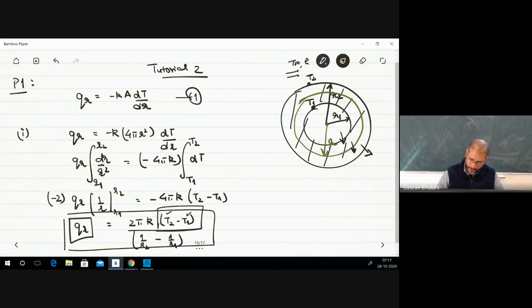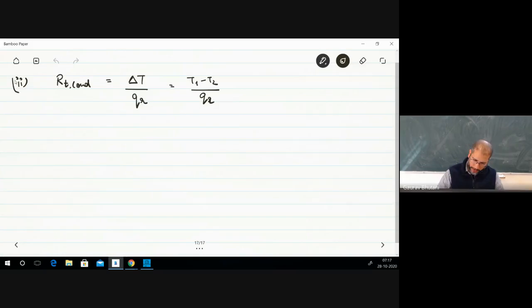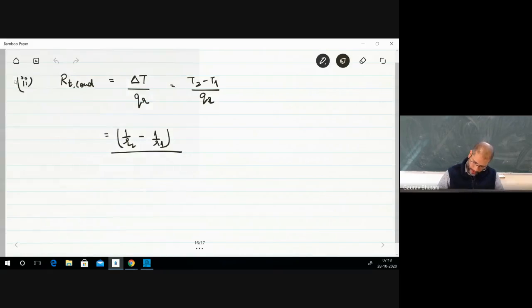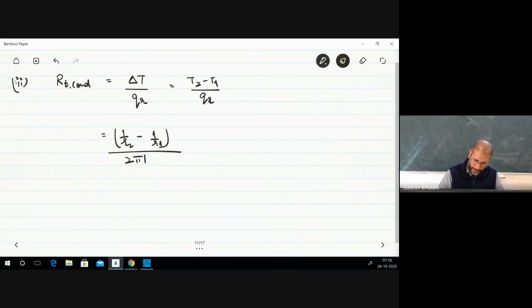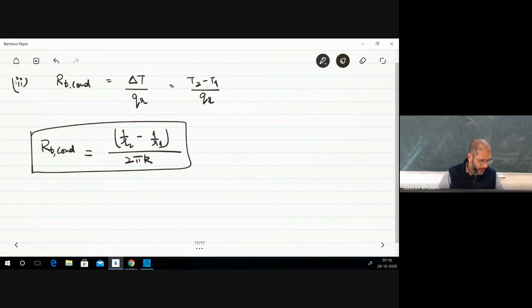So my conduction resistance can then be calculated as T2 minus T1 upon Qr, which becomes 1 by r2 minus 1 by r1 divided by 4 pi K. Okay, so that's your expression for the conduction resistance.